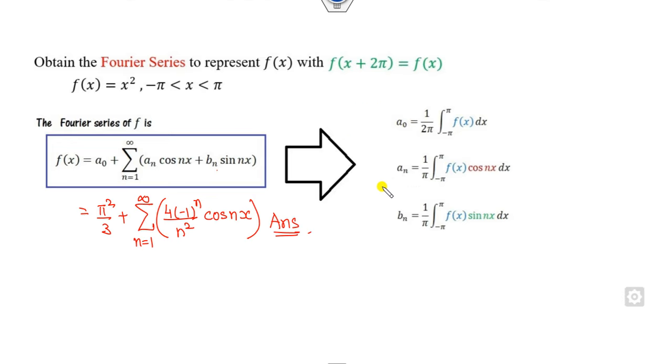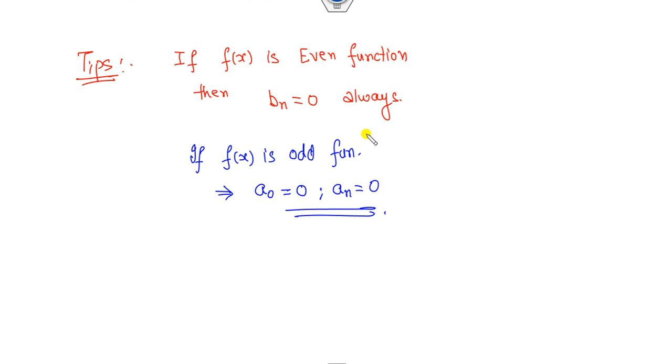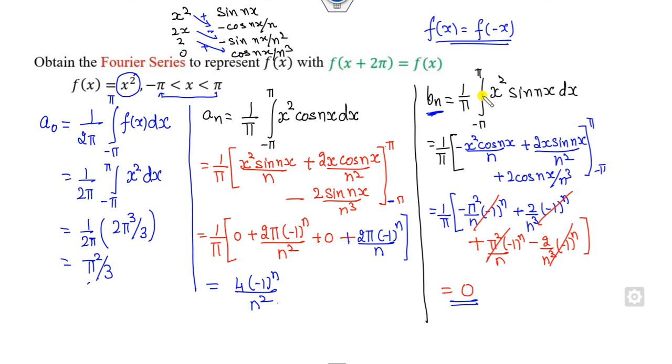Now you can see that this function is my even function. Why even function? You can see f of x and f of minus x are the same. So, as I told you, this is 0. So there is no need to compute them. If you remember this tip, instead of computing this, you can directly write fx is an even function, therefore bn is 0.